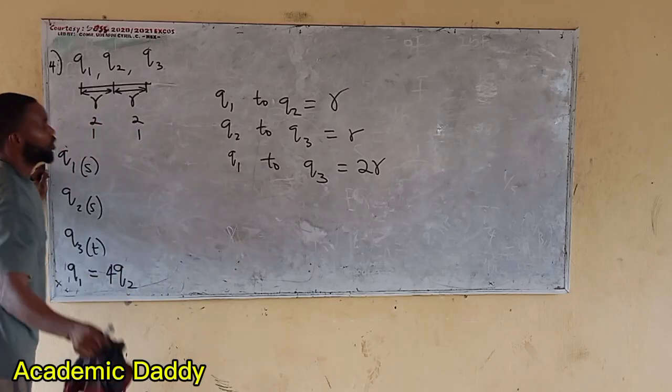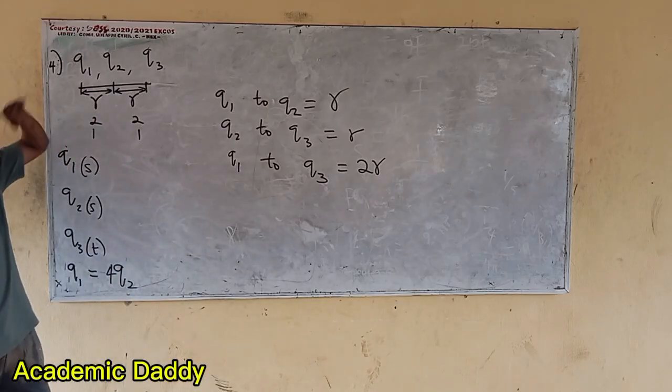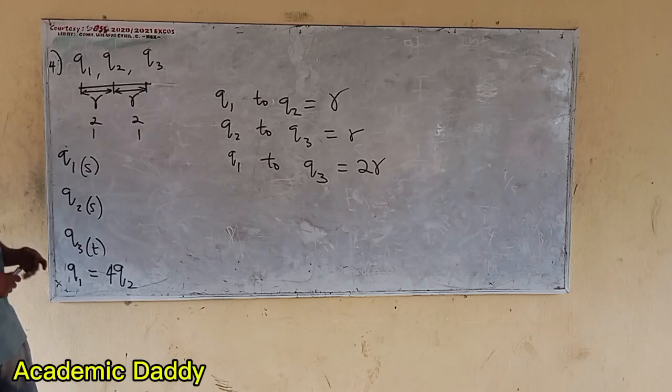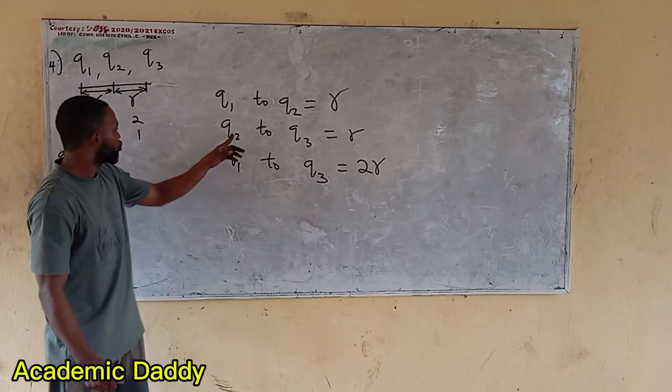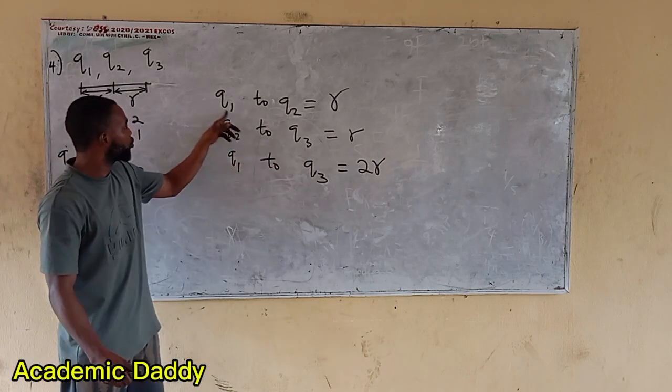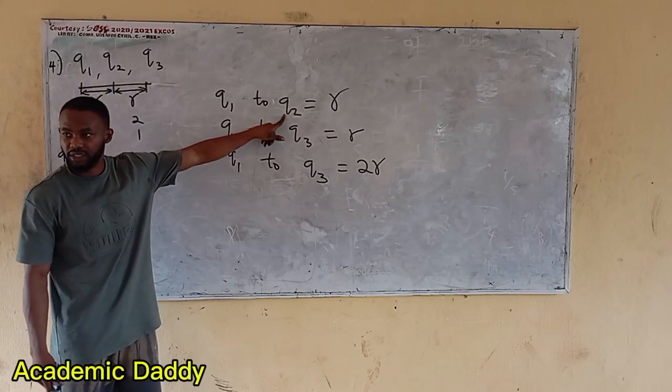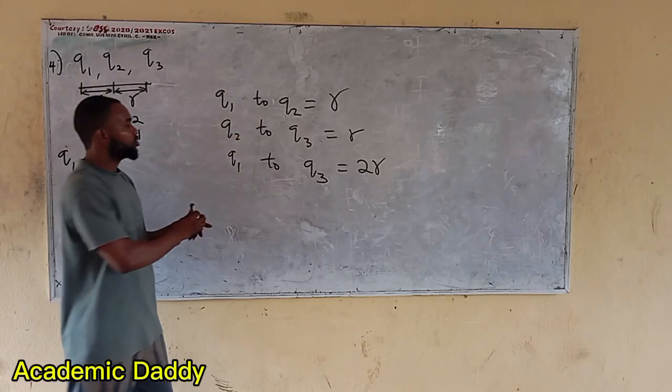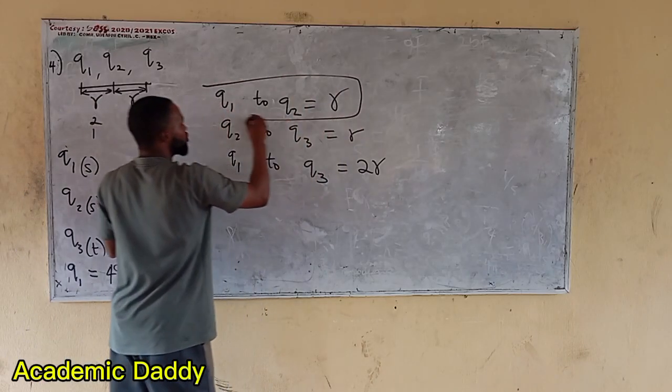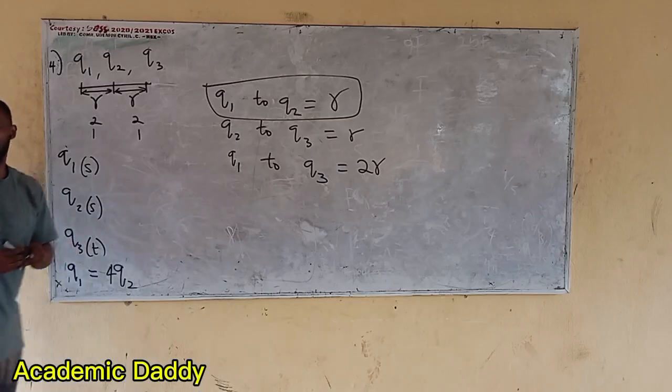So what I'm just doing is to find the distances. Then I'm asking myself, which one is actually my test charge? Because Q1 and Q2 are fixed already. They are fixed. So I have no business with this distance. They are fixed.